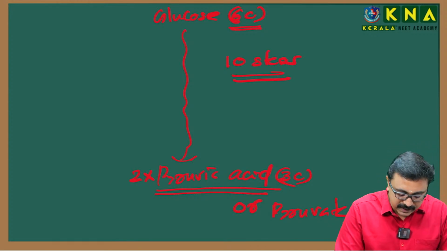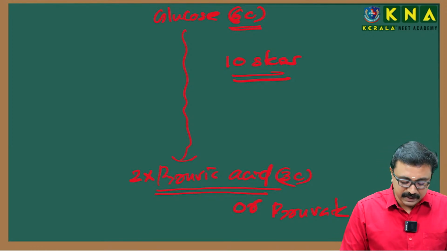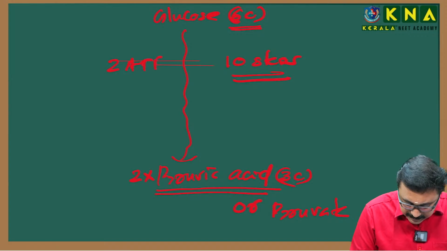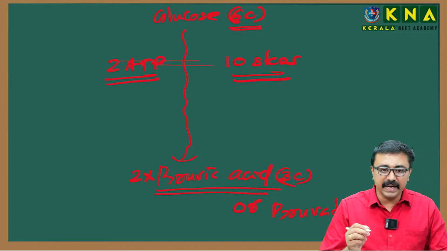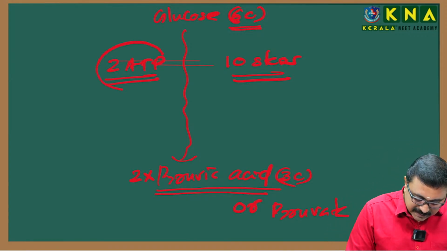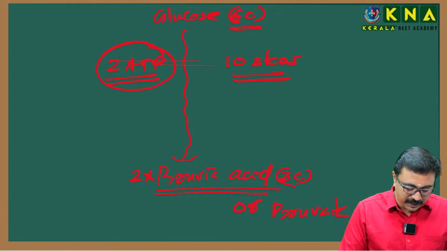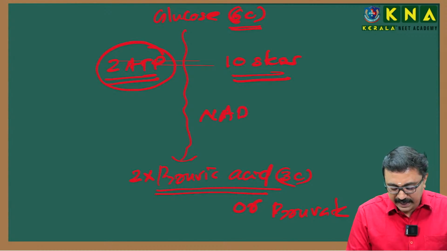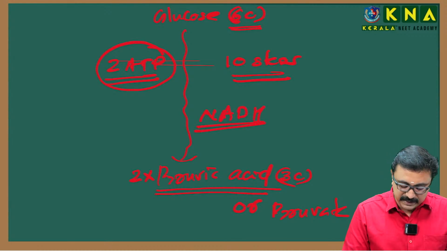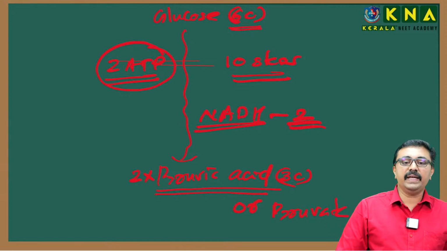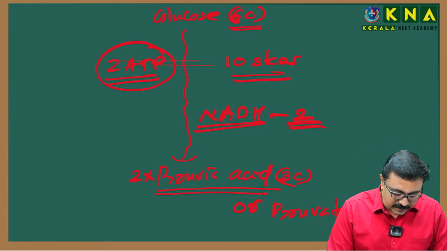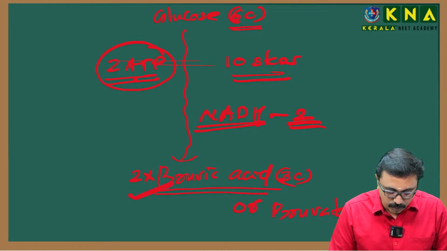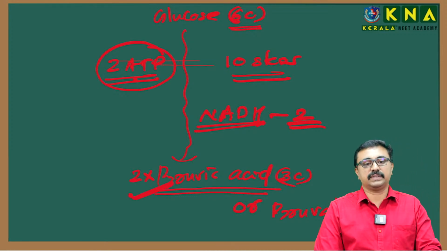In these 10 steps there is a direct net gain of 2 ATP, and also 2 NADH are produced. So the right answer is 2 ATP, 2 NADH, and 2 molecules of pyruvic acid. Okay.